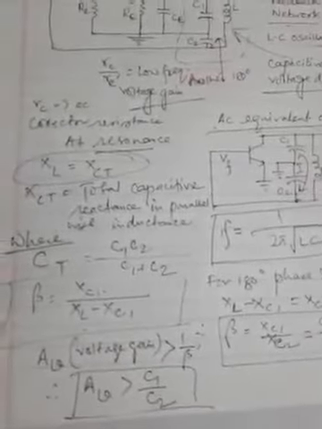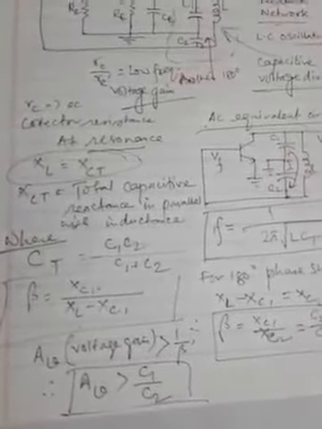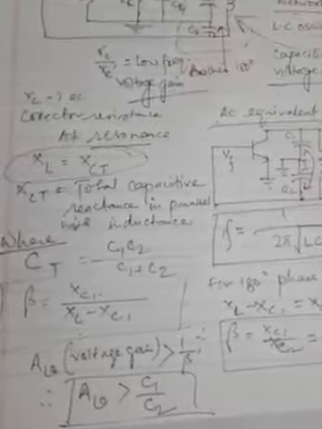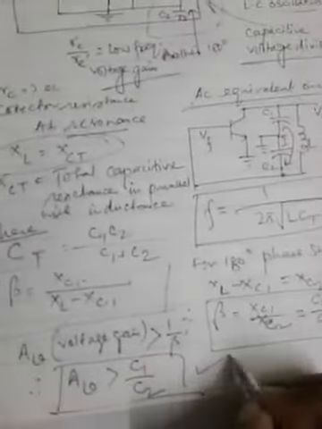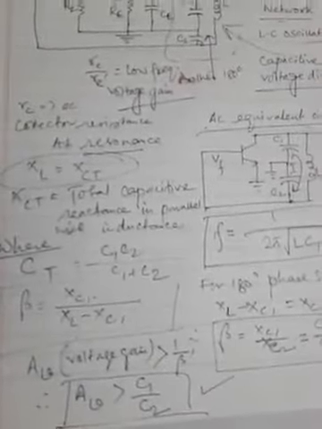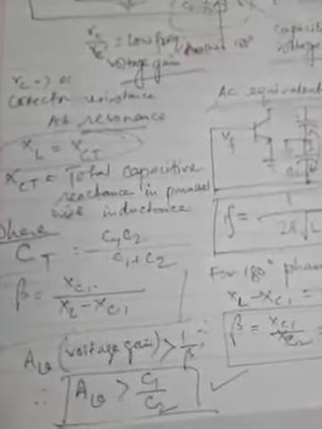So the voltage gain of the basic amplifier should be greater than the ratio of the series connected capacitors used to form the feedback network. This is another very important relation to design the Colpitts oscillator.